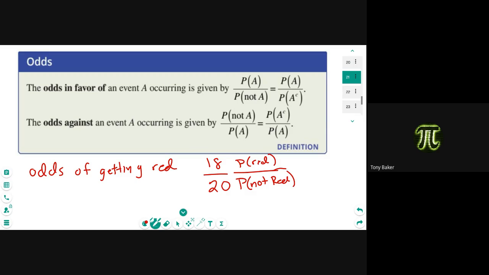Would stocks use probability or odds? Stocks use neither. That's actually a very good question. Why do stocks not fit into everything I've talked about today? Because they're affected by more than just random chance.